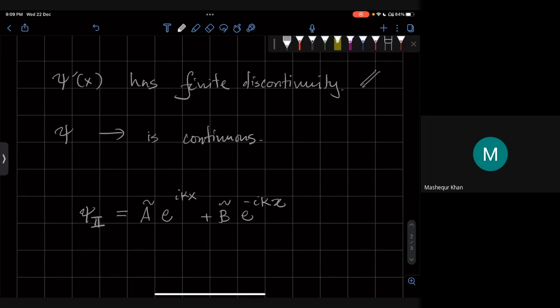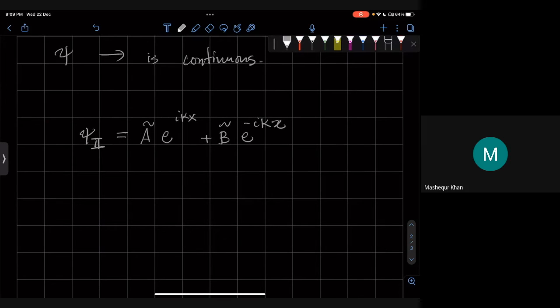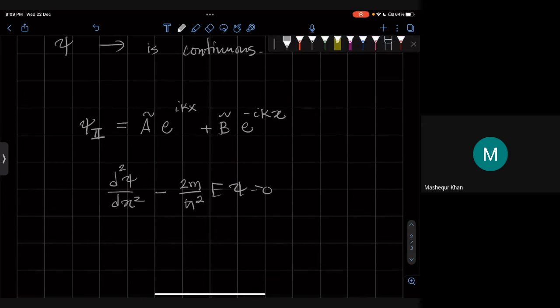When the Schrodinger equation is given by d squared psi dx squared plus 2m by h bar squared E psi equals 0, right? Where E is a positive number. It is the energy. So this should be a plus sign here. Right?